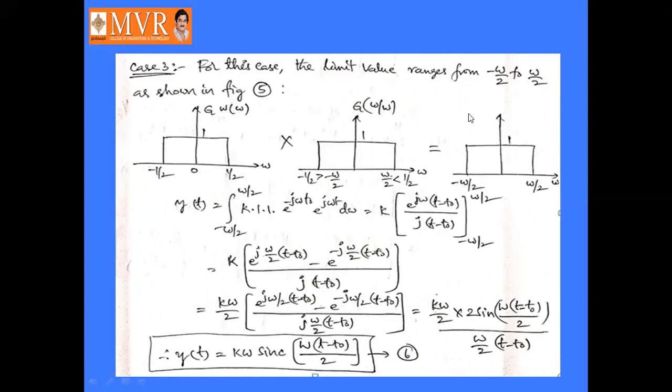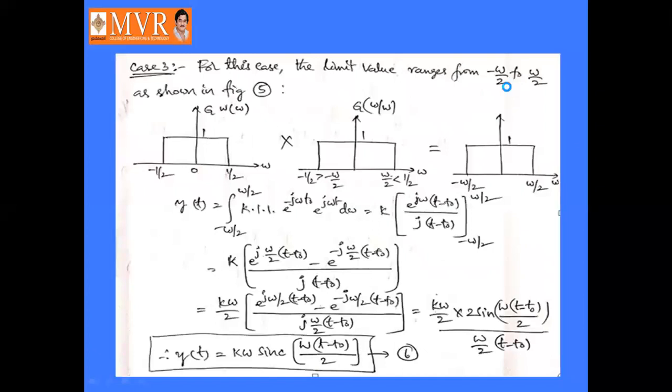These two will be multiplied, g of w of omega into g of omega by w. By substituting these values in this integral, we get y of t as k w into sinc of omega (t minus t naught) by 2. Let it be considered as equation number 6.